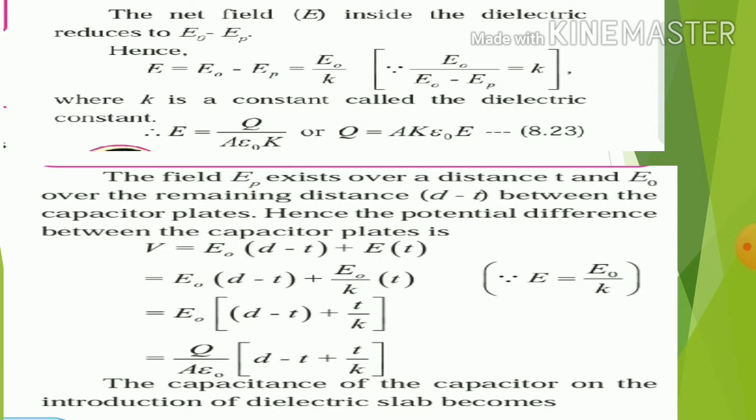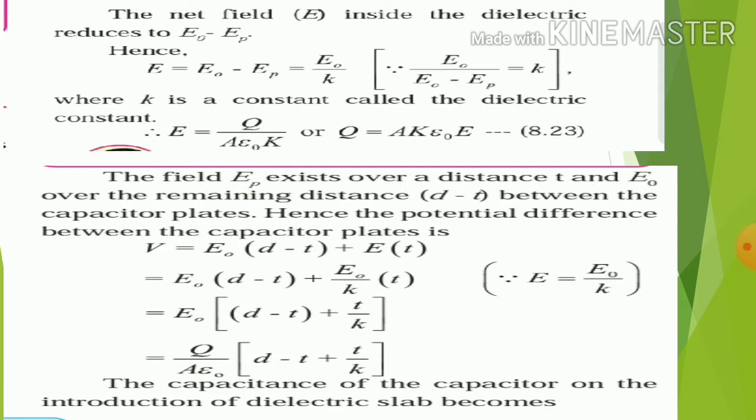Hence, the net potential difference between the capacitor plates is V equal to E0 into bracket d minus t plus E into t.